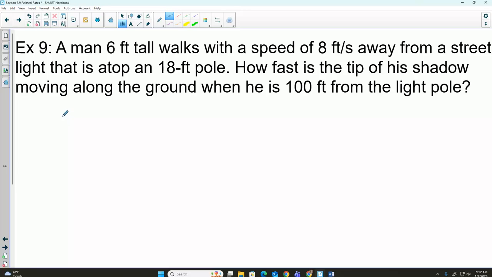So I have my light pole here. Put a light on the top. And does the height of that change? No, so I can go ahead and say that's 18. And we have a man that's walking away from the pole.